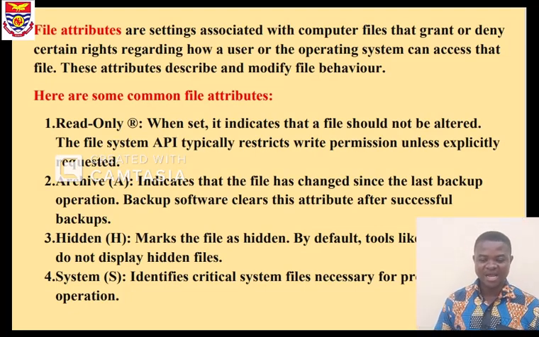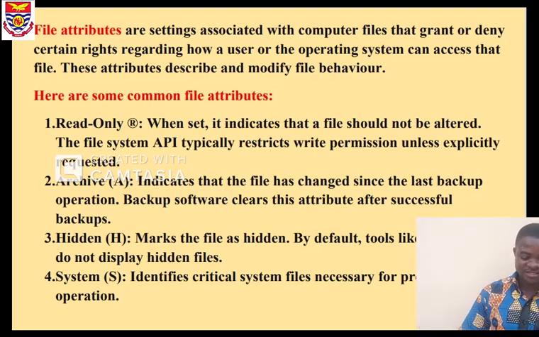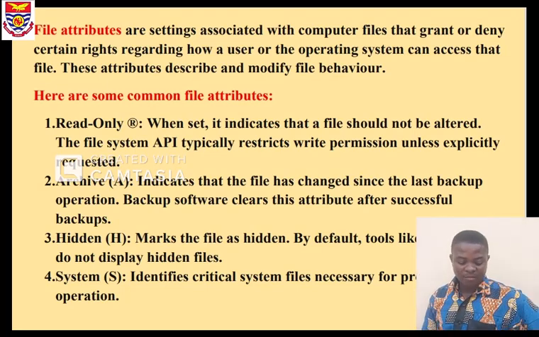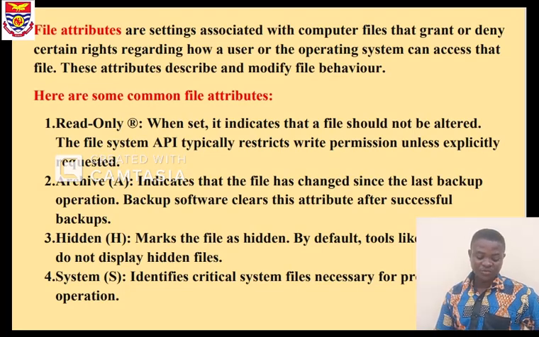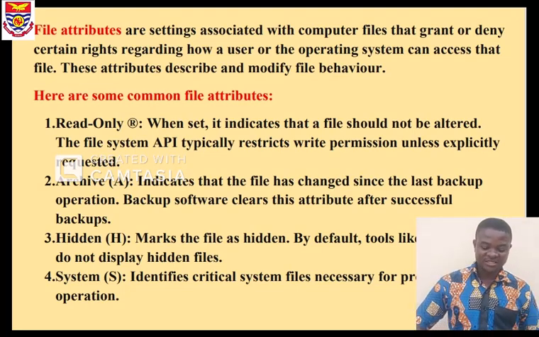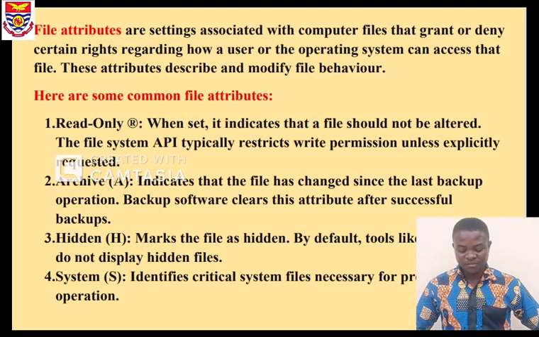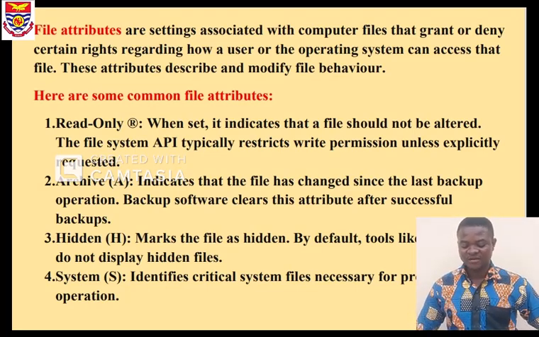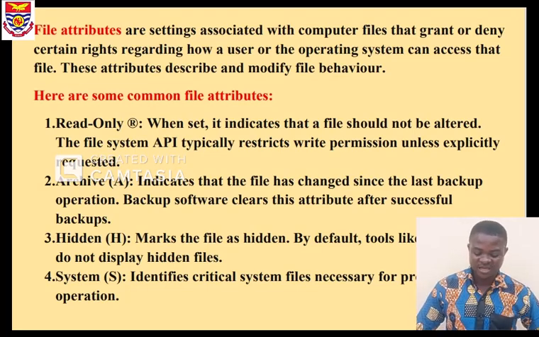The next one is archive. Archive indicates that the file has changed since the last backup operation. The next one, hidden, marks the file as hidden. By default, tools like File Explorer do not display hidden files.